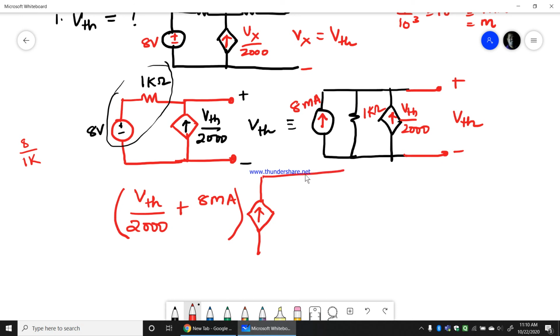And that in turn is in parallel with the resistance, and that is nothing but VTH, and this is 1 kilo ohms. Now I'll convert that again into a voltage source. What will I get?